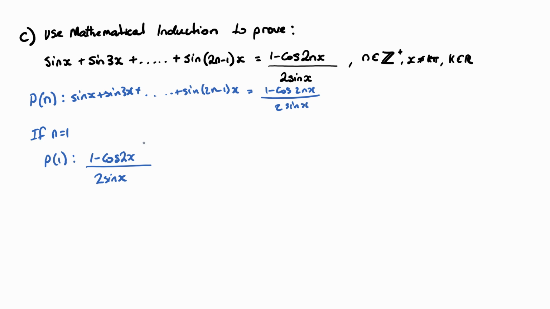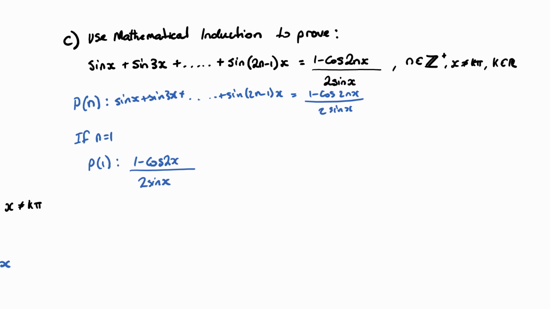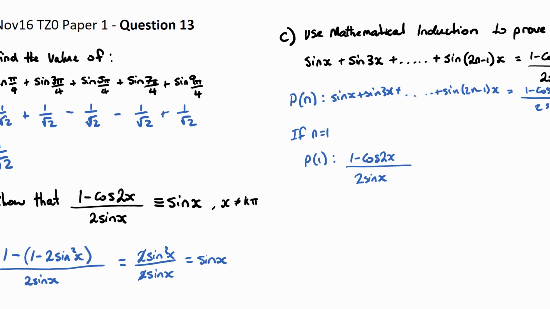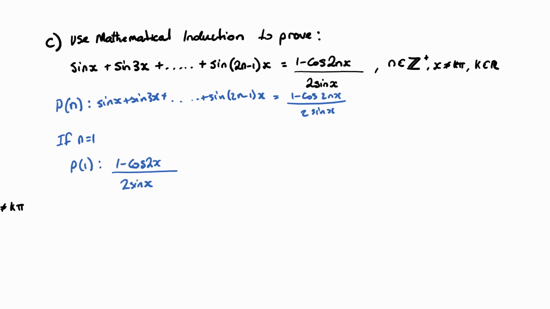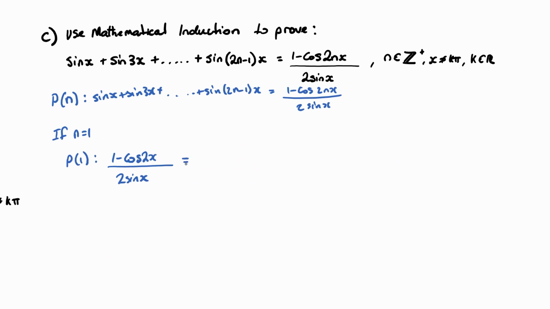And we know that this is actually just equal to sine x, from part B. If we sub in n equals 1 into the left-hand side here, well, sine of (2 times 1 minus 1)x is just sine x. So this works. So we have proved this here. So this is true.